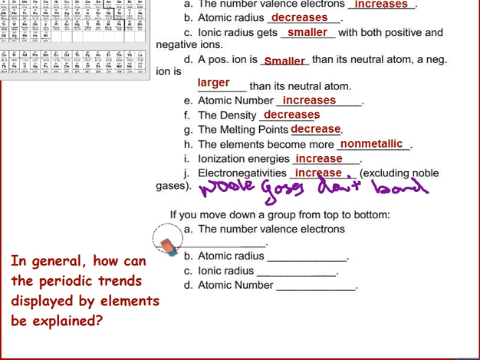Now, if we move down a group from top to bottom, the number of valence electrons stays the same every single time. That's why they have similar properties and why they're in those groups. The atomic radius increases. The ionic radius increases. Atomic number increases.